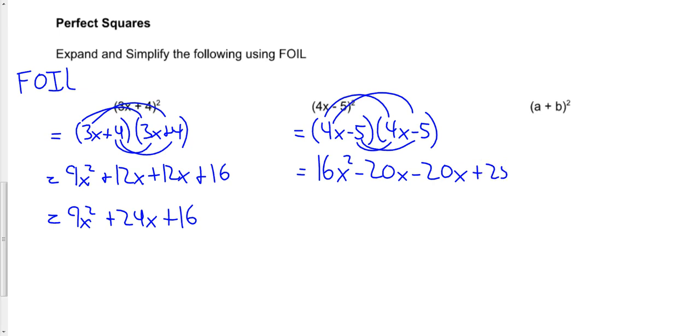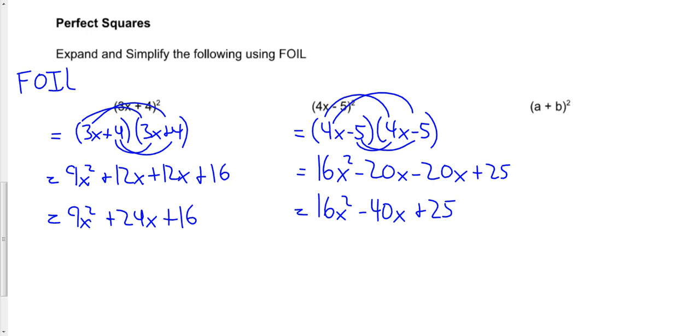Now we collect our like terms, and we end up with 16x squared minus 40x plus 25.